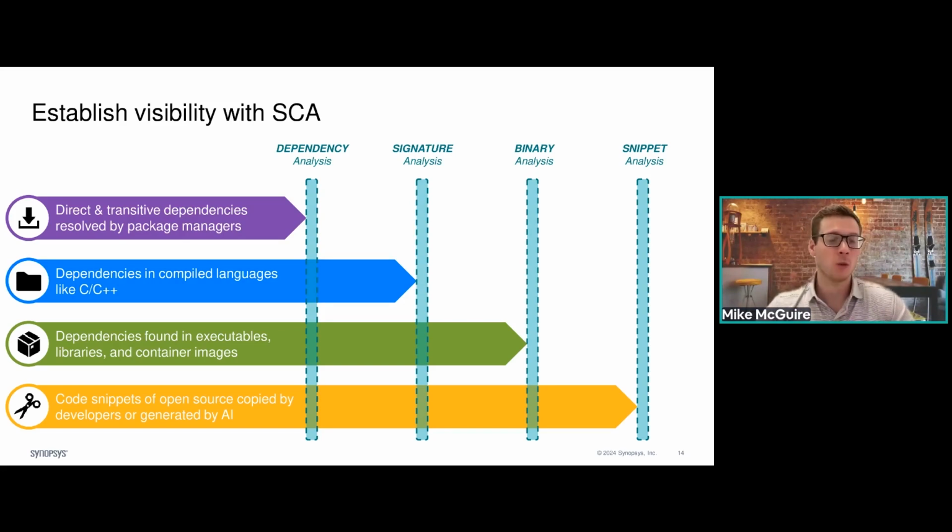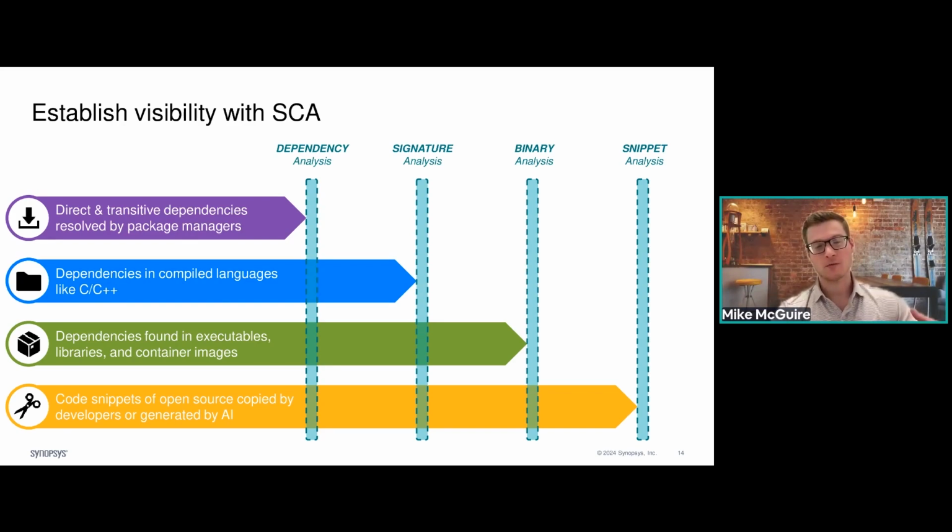Now, I mentioned way earlier in the session all the different avenues for open source to find its way into an application. So SCA, well, some SCA tools, should account for all of those different avenues. The most simple way is dependency analysis to identify direct and transitive dependencies just by reading the artifacts of a package manager, like a pom.xml or a package.json file, which will get you 75% of the way.